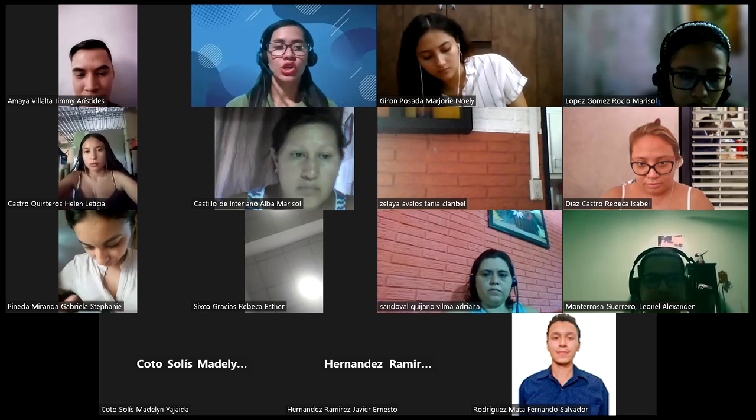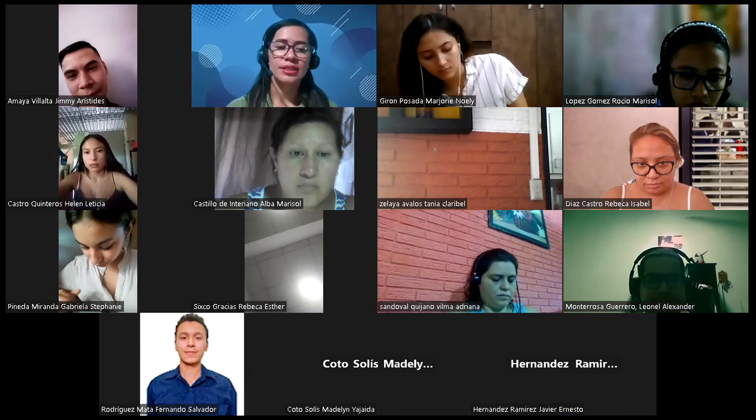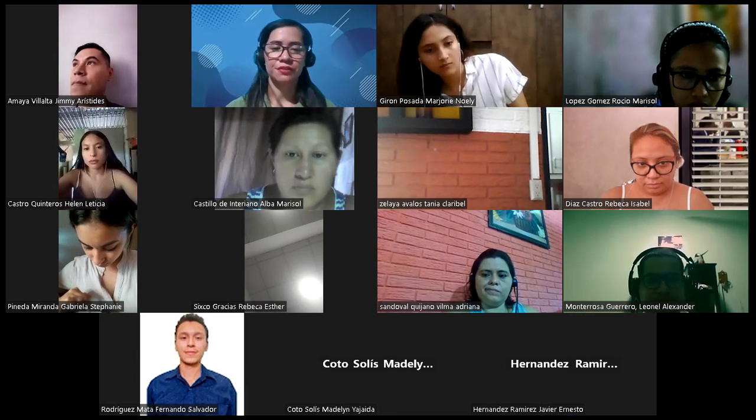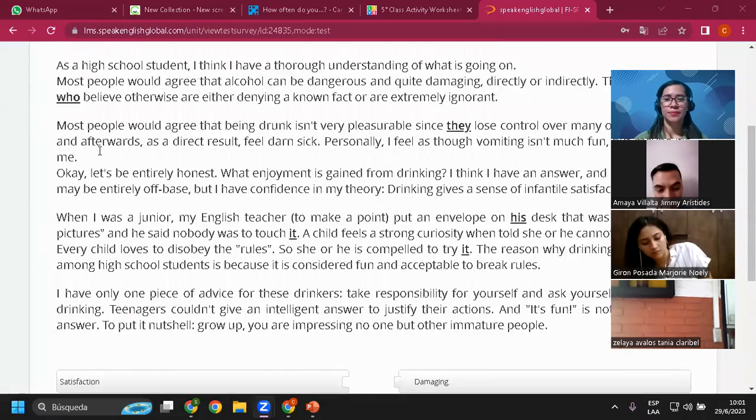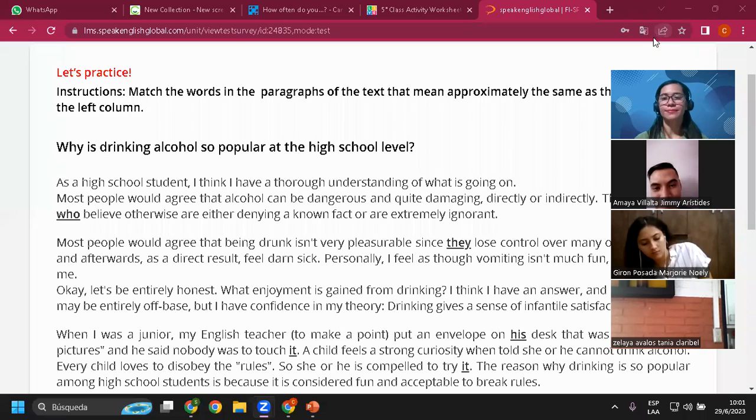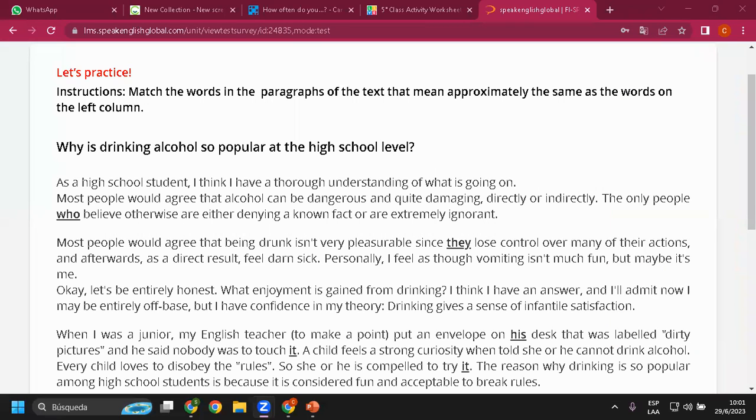Okay, let me check if this is the one. Is this one? Yeah. Okay. The instructions say to match the words in the paragraph of the text that mean approximately the same as the words in the column.